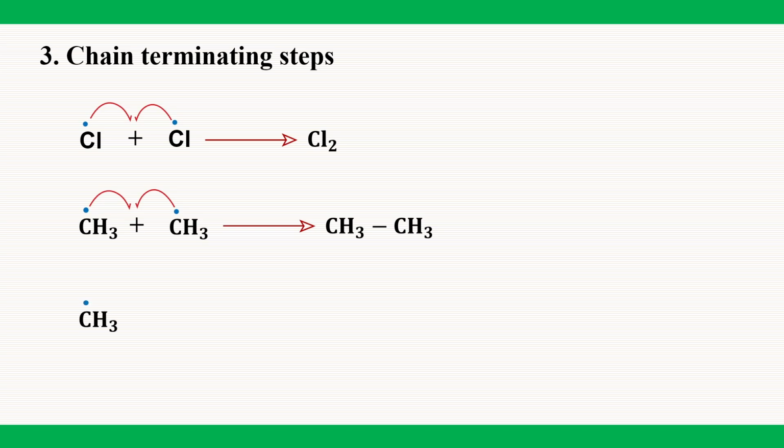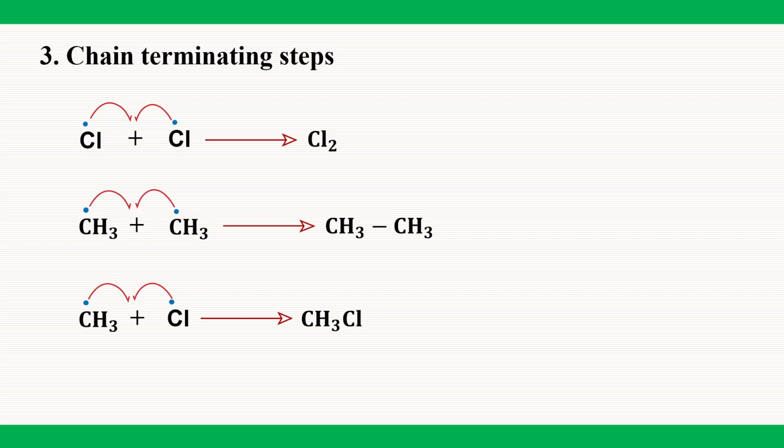A methyl free radical can join with a chlorine free radical to form CH3Cl. These are the different chain terminating steps. These are responsible for ending the reaction.